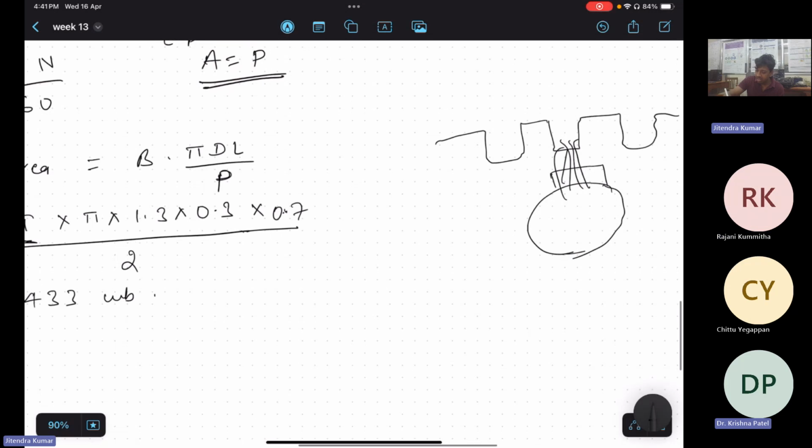In the derivation of this equation, P is the number of poles. From the physical representation also, this flux linkage corresponds to one pole, so that much flux in one pole we have to consider.